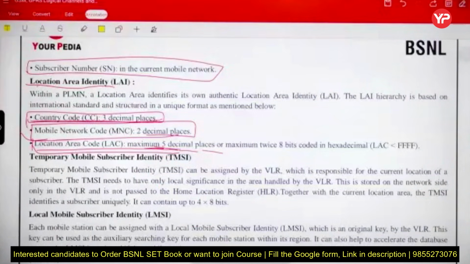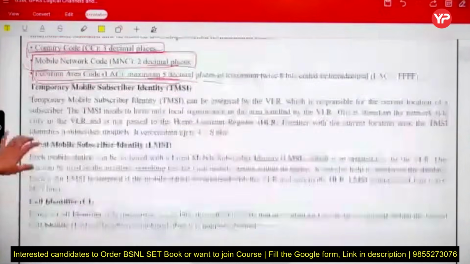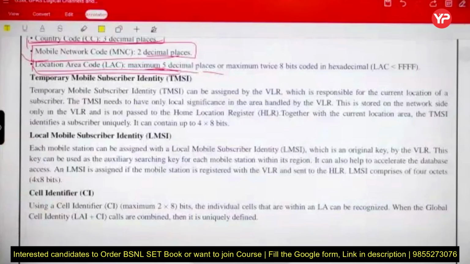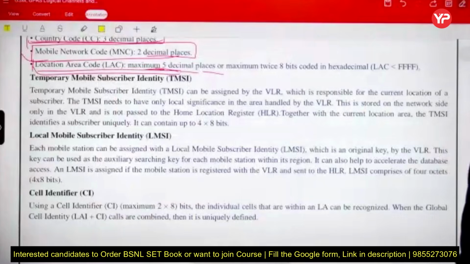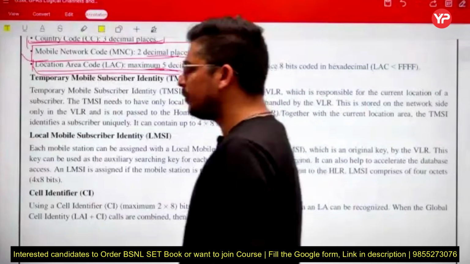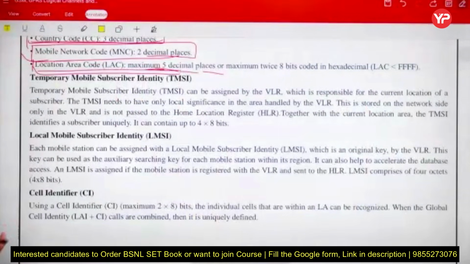Then we have the temporary mobile subscriber identity. This identity will be assigned by the MSC, or you can say the VLR, right?